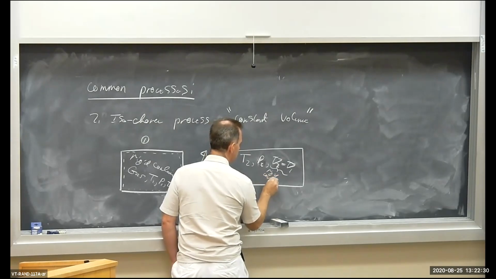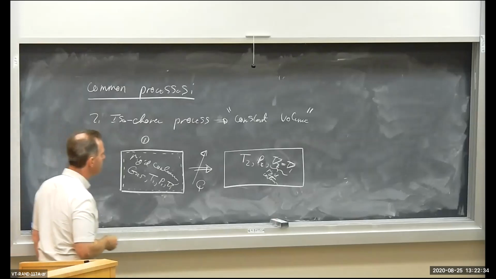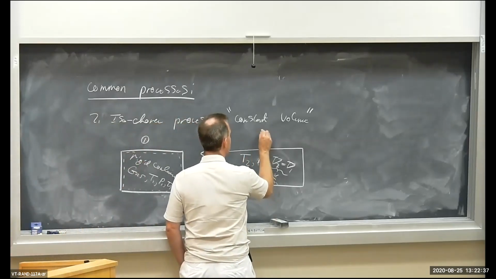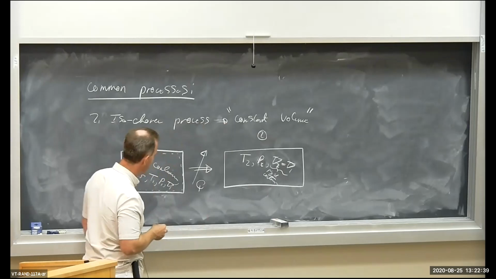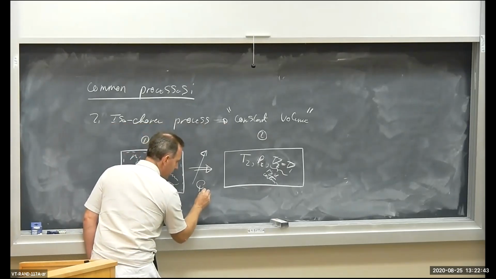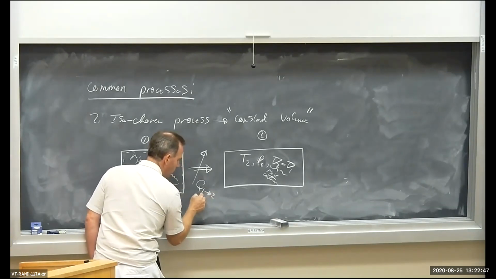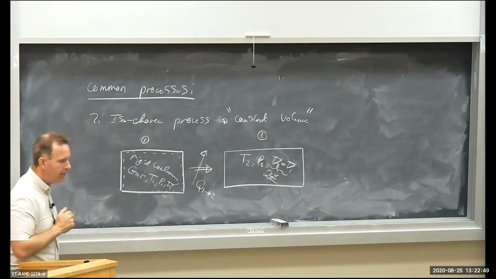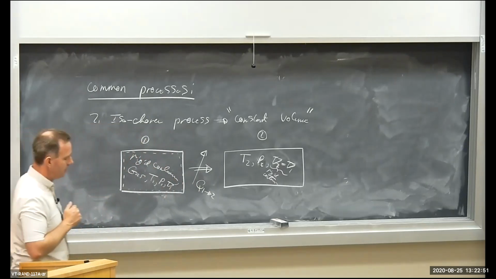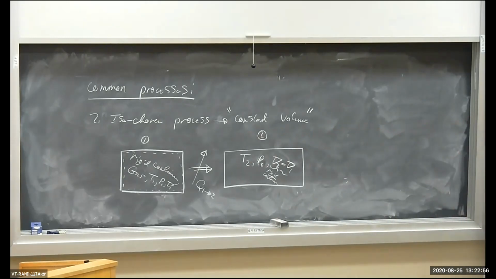So I'm adding some heat as I go from state 1 to state 2. I'm going to put a little subscript on here as well. Heat added from state 1 to state 2, okay?